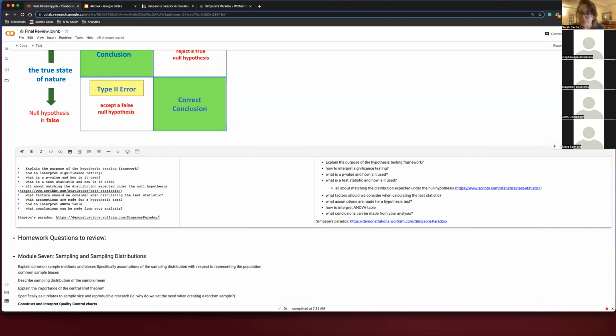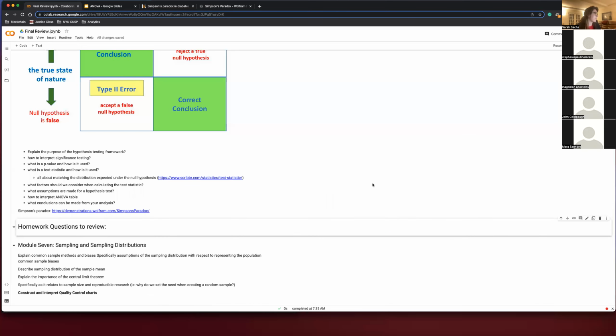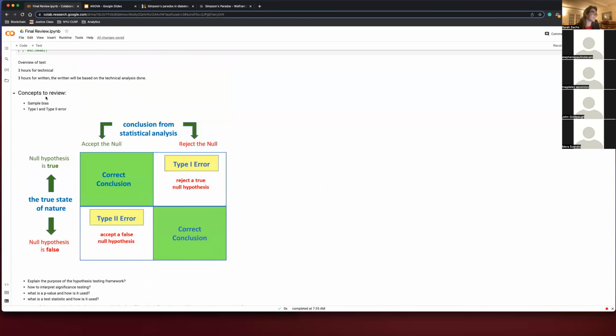Okay. And this is also linked with sampling bias as well, like using sampling to make assumptions and being careful about that. Exactly. So that's why I listed it as an item, because it could be relevant to one of these questions that we have here, of sample bias.